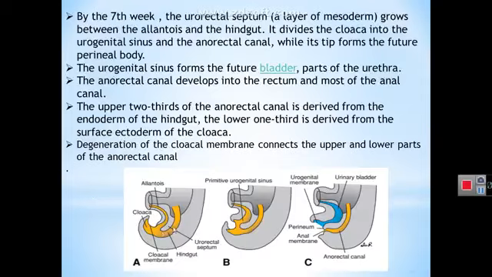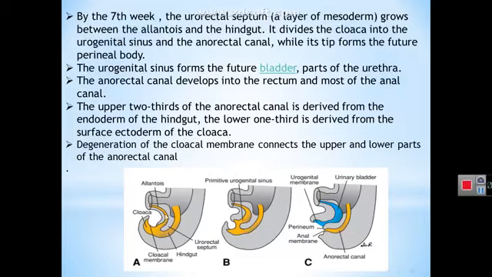The terminal portion of the hindgut enters the posterior region of the cloaca, which is the primitive anorectal canal.